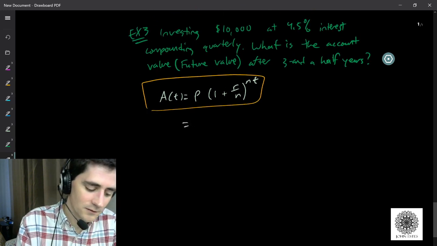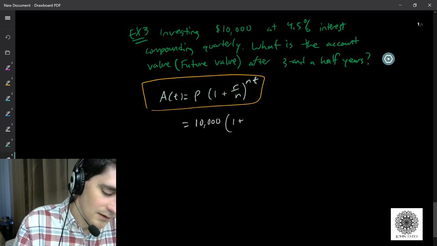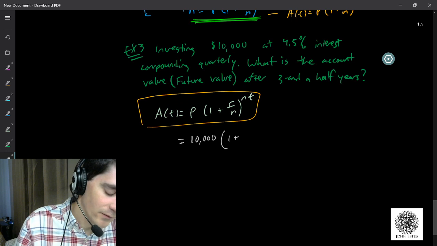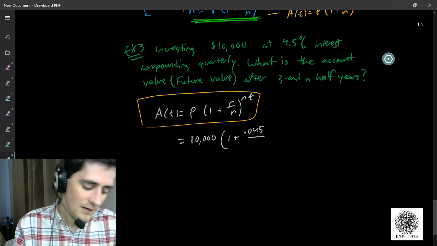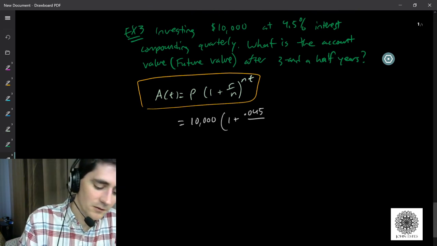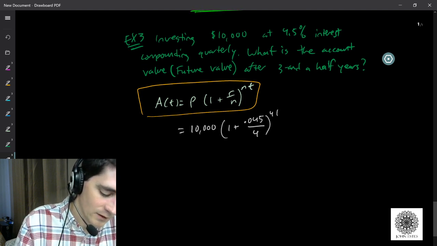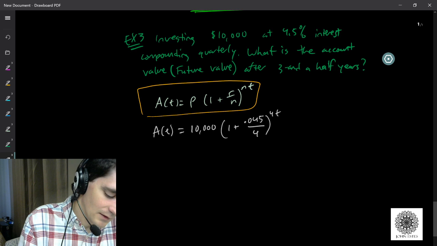All right, so my initial investment was $10,000. The annual interest rate is the 4.5%, so it's 0.045. N is the number of compounds in a period. So compounding quarterly, we have 4 compounds, and 4t. So that's my a sub t power.